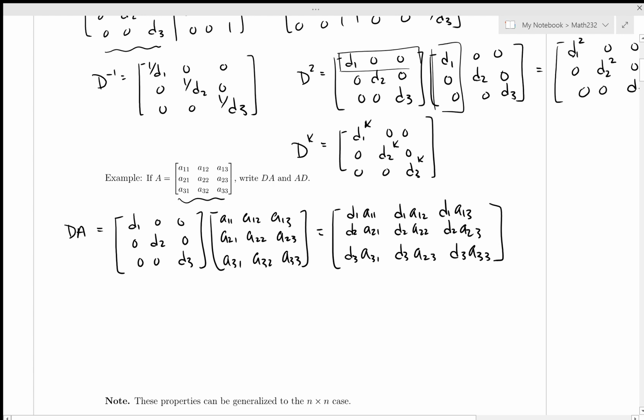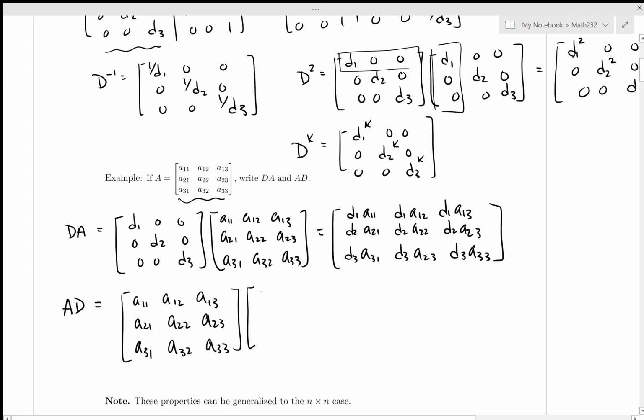Then I'm going to do it the other way around. I'm going to multiply A times D. So I'll have to put A here, a11, a12, and I'm going to multiply by D. And what happens is it doesn't come out to be the same.